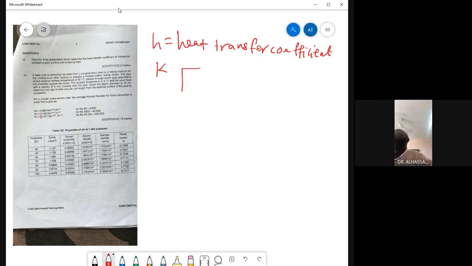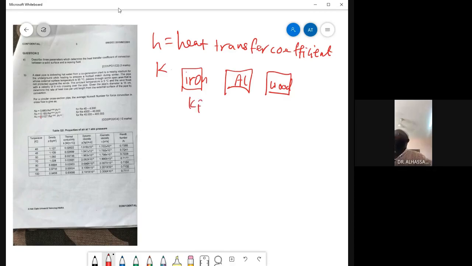For example, if I have a rectangular solid of iron, and then let's say I have also aluminum, and then let's say I have wood, each and every one of these is going to have a different value for k.